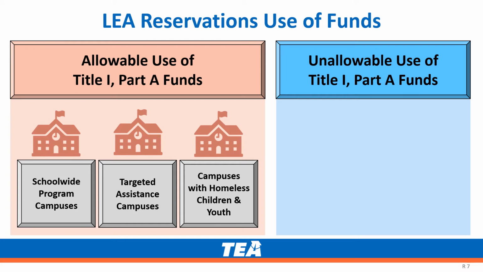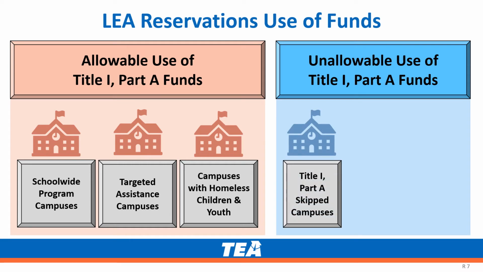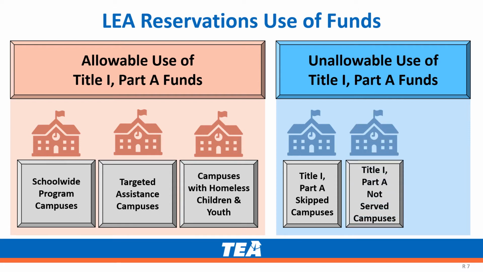As for unallowable use of Title I Part A LEA reserve funds, if an LEA skips a campus, although they are eligible to receive Title I Part A funds, LEA reserved funds cannot be used for skipped campuses. If a campus meets Title I Part A eligibility requirements, but the LEA chooses not to serve students on that campus, an LEA cannot use their reserve funds on that campus.